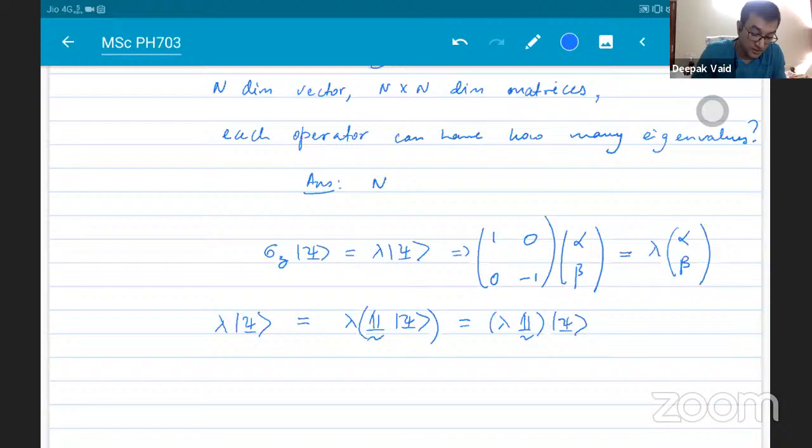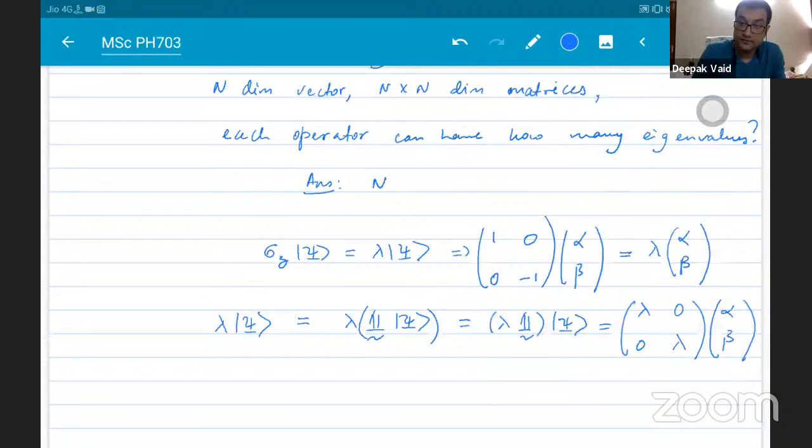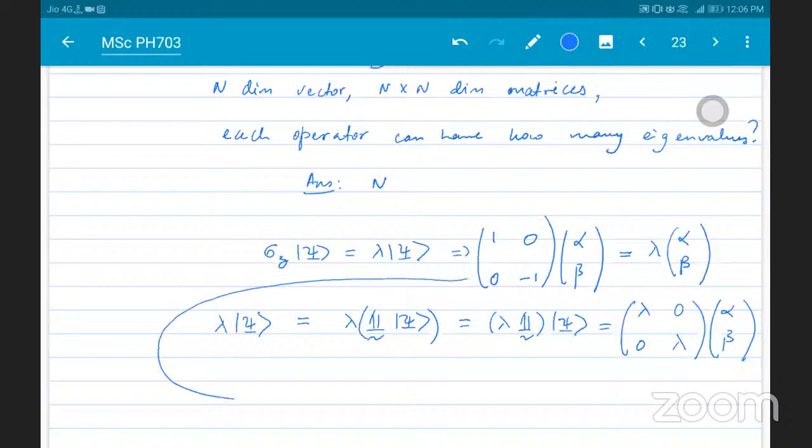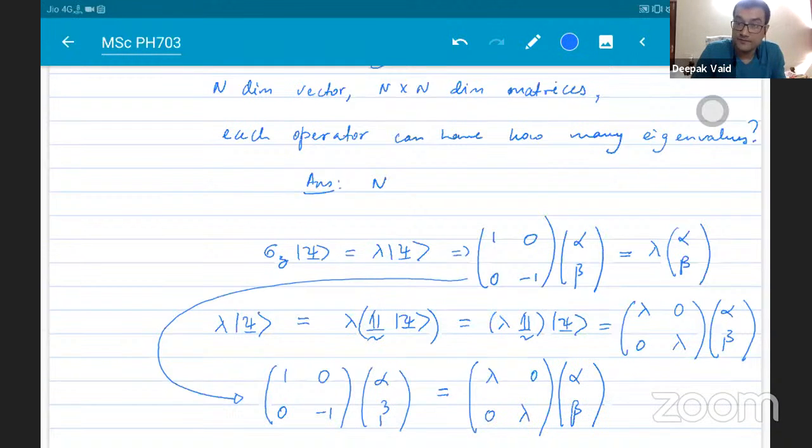And what do you get when you take the identity matrix and multiply by a scalar? You get this matrix multiplied by alpha, beta. So on the left we have 1, 0, 0, minus 1 times alpha, beta, and on the right side, we can write lambda 0 0 lambda times alpha beta.